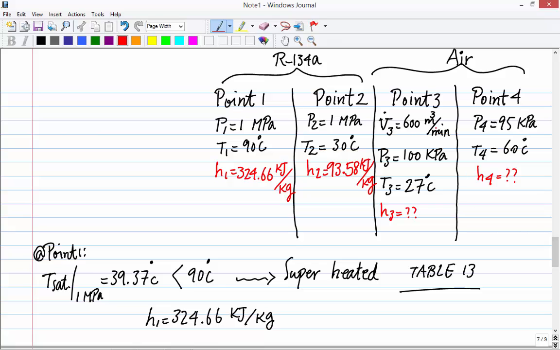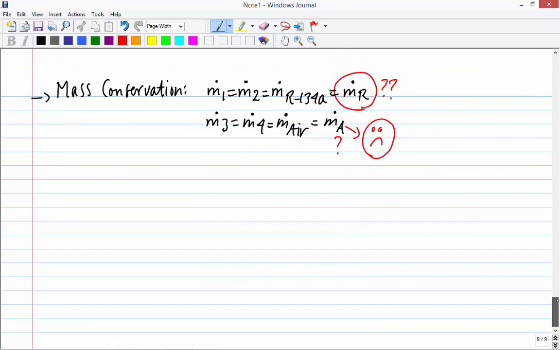So see, for air, we have the volumetric flow rate, and we're assuming that's an ideal gas, and we have pressure and temperature. So according to the ideal gas law, PV equals mRT, right?